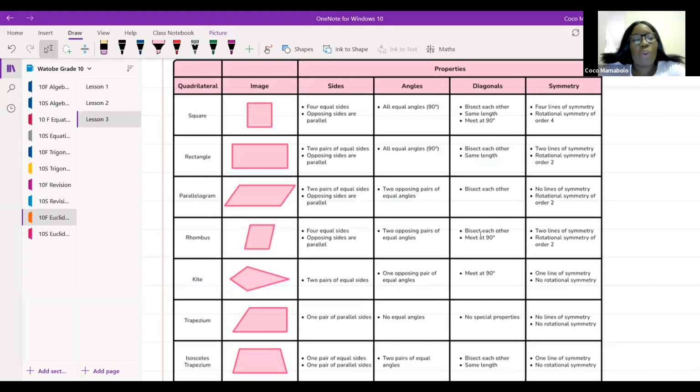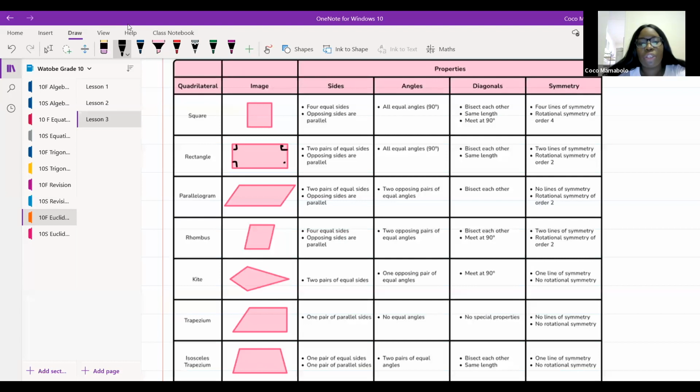All right. So we need to know the properties of quadrilaterals in order to use them in our mathematics and in order to prove for them. If I give you a shape and I say, prove to me that this shape is a rectangle, you need to know that a rectangle has all corners 90 degrees.